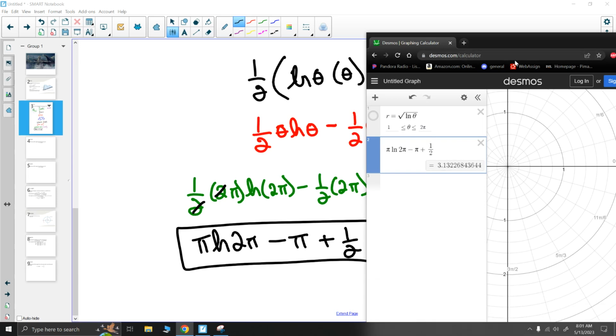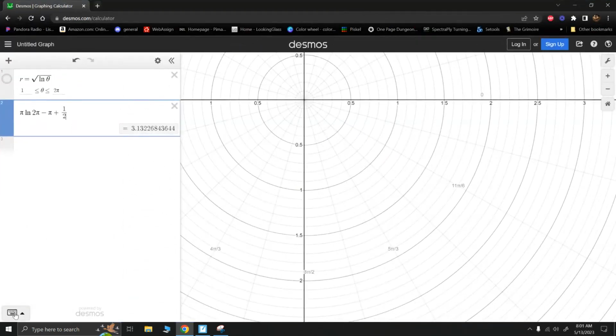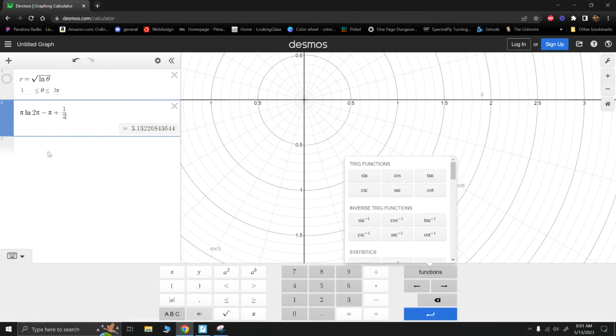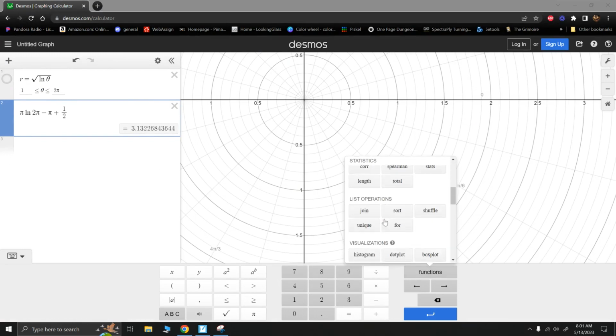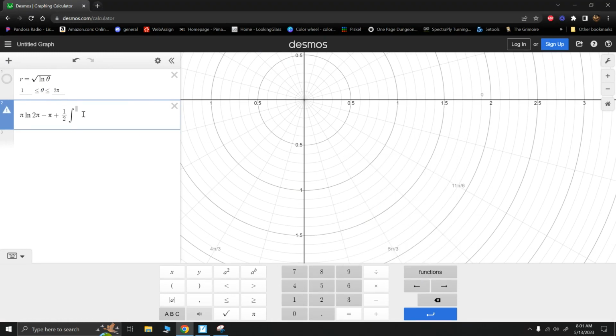And if we go to our functions, and we go over to the integral here, oops, should have done that here.